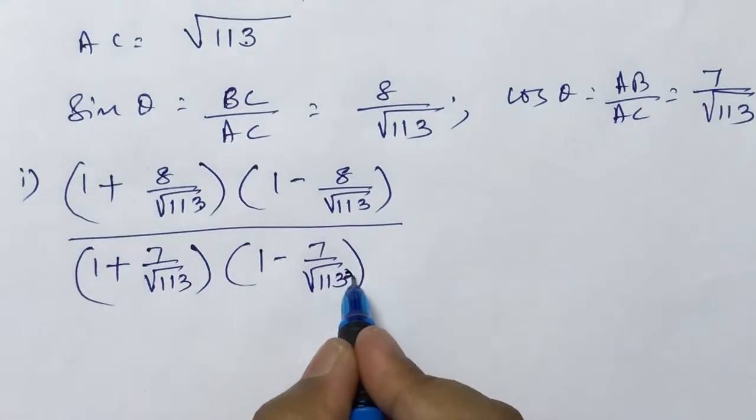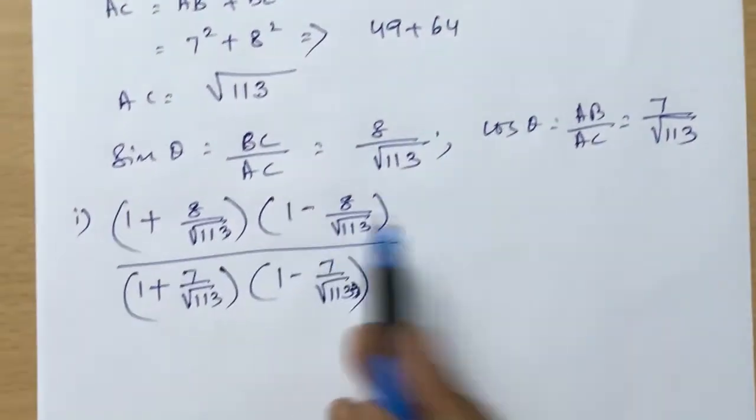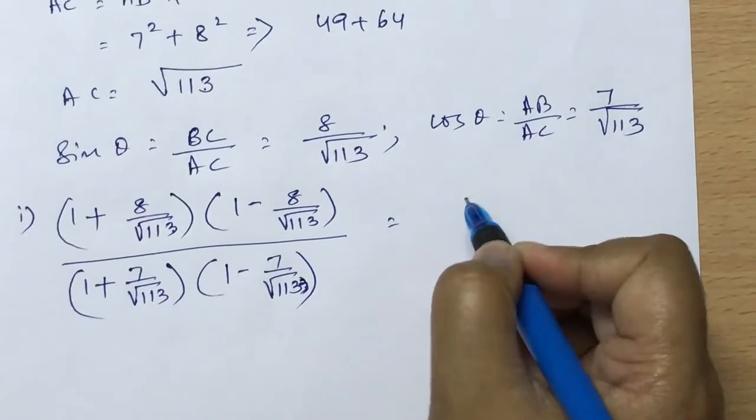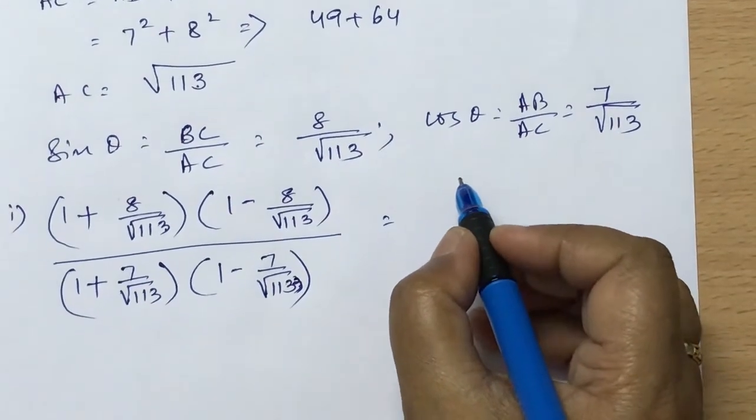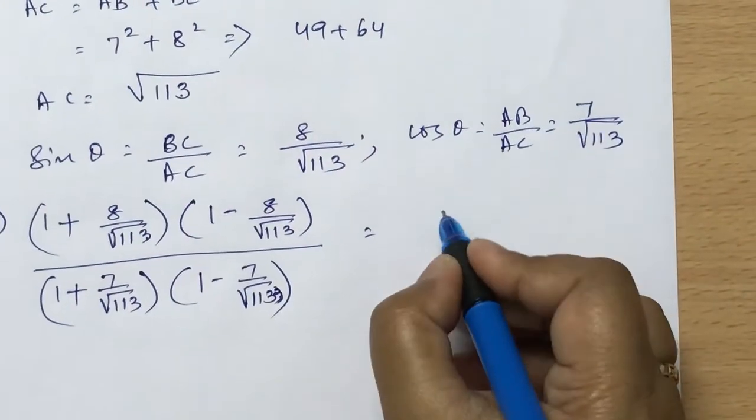Now you see, this is a plus b into a minus b. So what is it? A square minus b square. If you remember that formula, that is an identity.